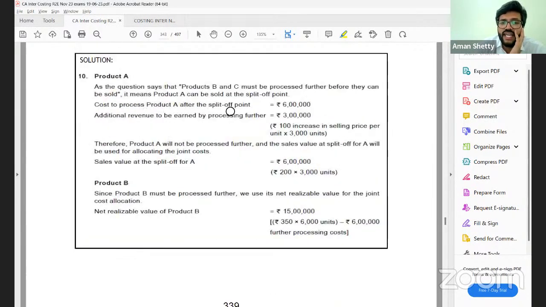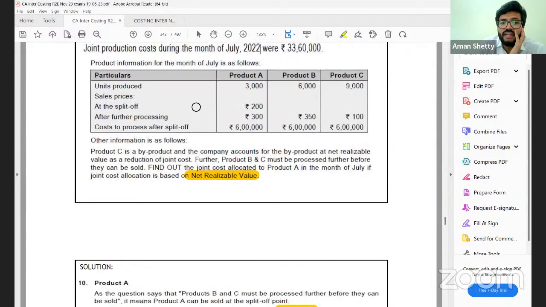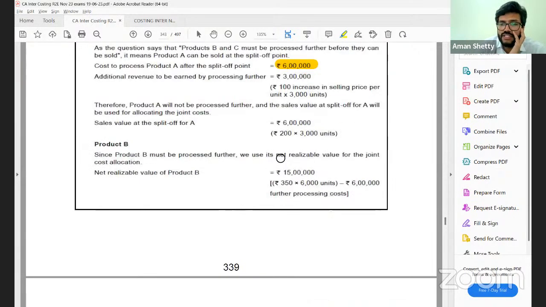See here now. Cost to process product A after split off point is 6 lakh. This is further processing cost, so that is my incremental cost. Incremental revenue is what? 300 minus 200 into 3,000. 300 minus 200 is 100 increase, into 3,000. That is 3 lakh. Should I further process?